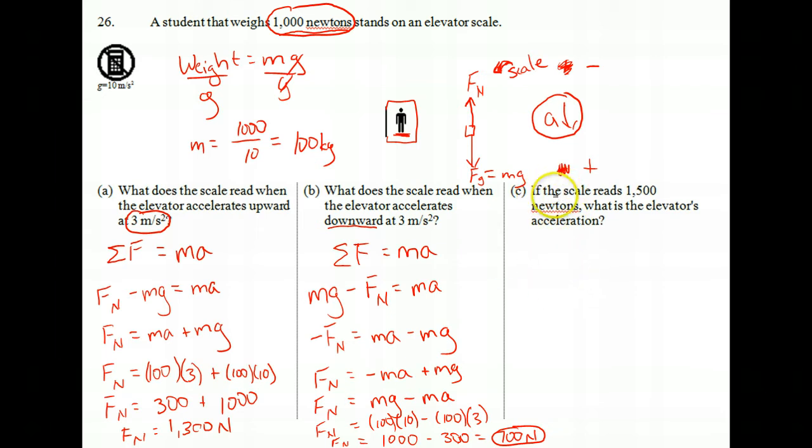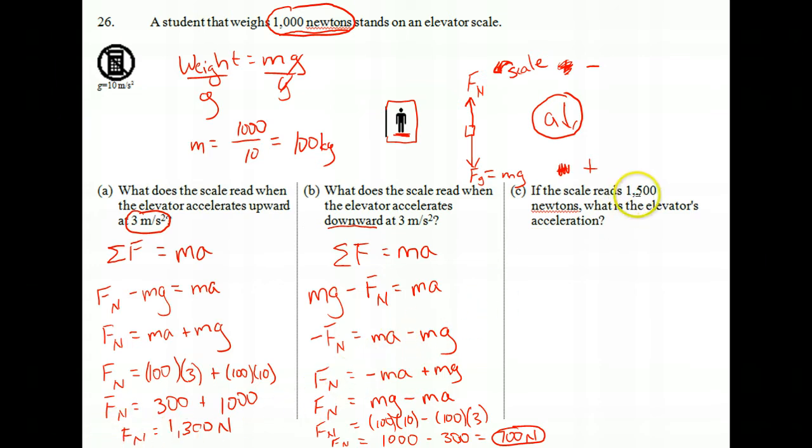Part C says, if the scale reads 1,500 newtons, what is the elevator's acceleration? So we can go through and create a formula for this. How would we do that? What do we need to go through to do that?